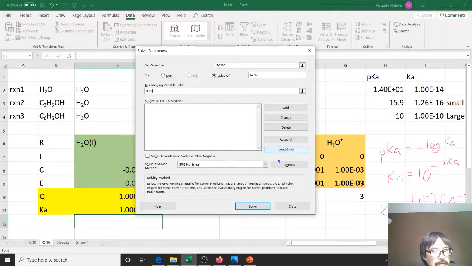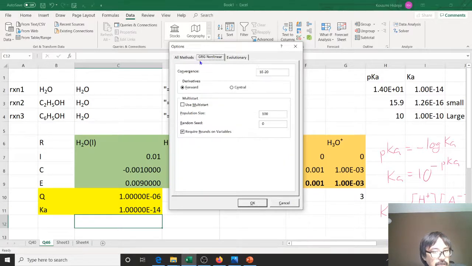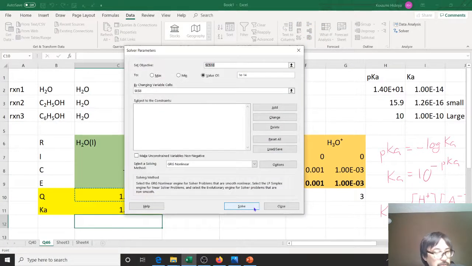Now let's just check the options. Yep, it's 1e negative 20, each one of these is 1e negative 20. Okay, so this should work.